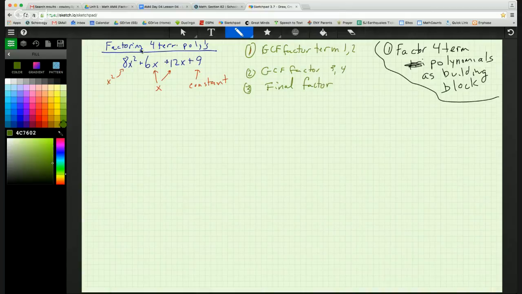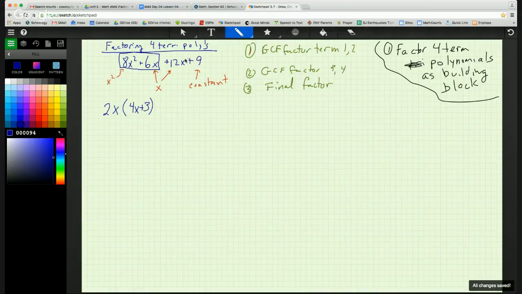So let's GCF factor these first two terms. So we're going to take out a 2x. If that's hard for you to see, well, you can build your chart to do it, but you should by now be able to see those things. So we'll say that's 2x times 4x plus 3.